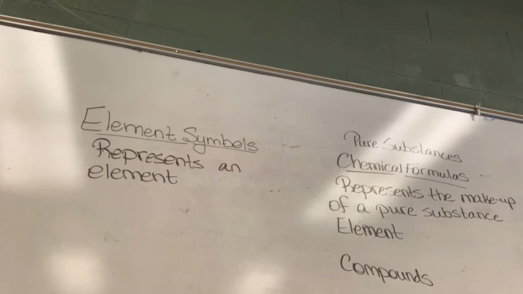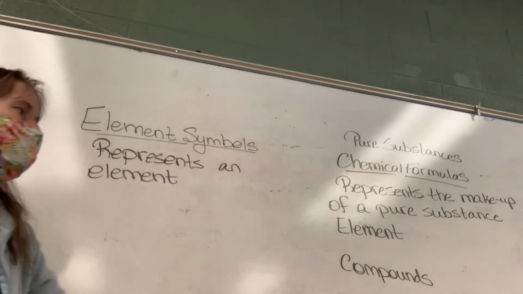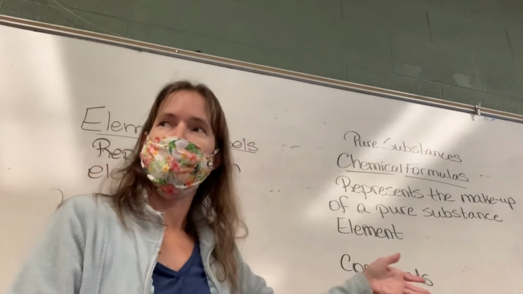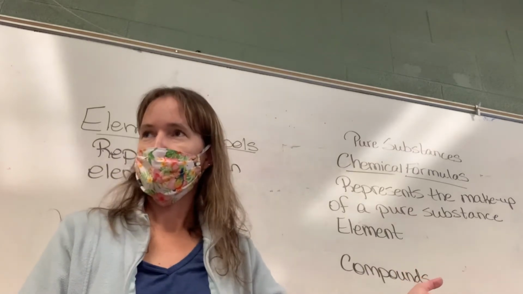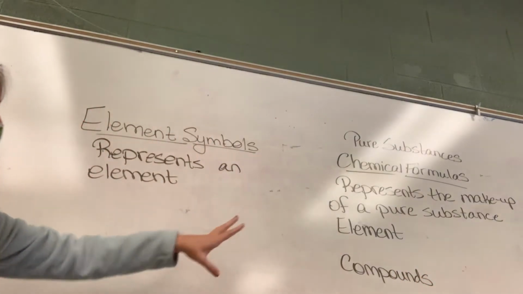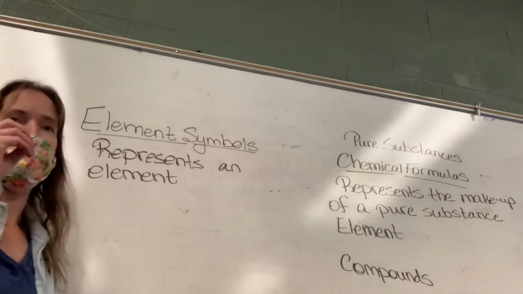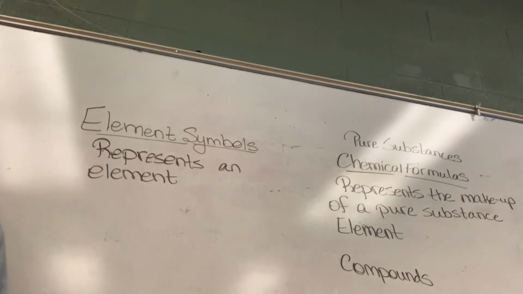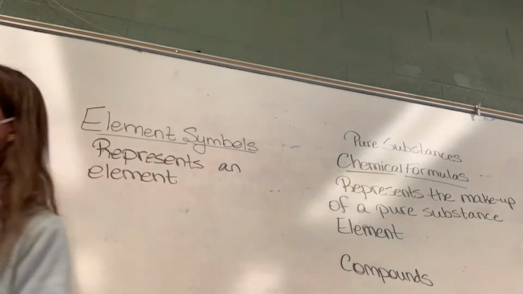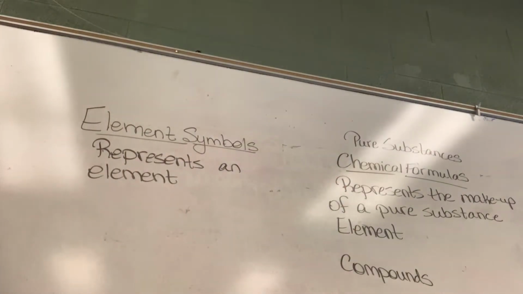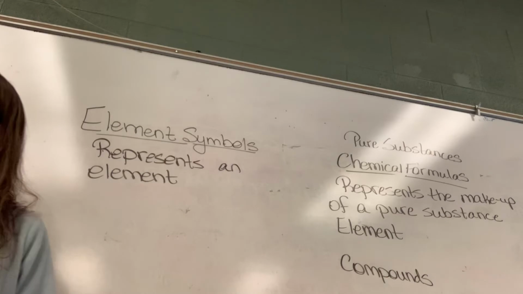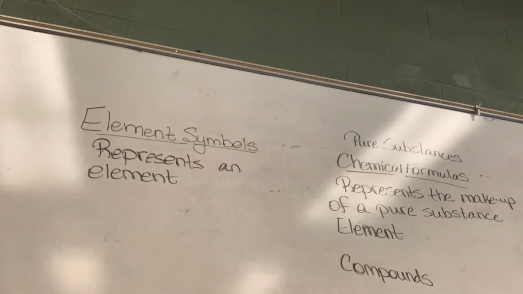We're not talking about an actual sample of sodium or silicon or nitrogen. The chemical formula, what it does is it lets you know how many atoms of each element there are in the chemical or the molecule. Or it could just be a ratio. It's a 1-to-1 ratio or a 1-to-2 ratio.